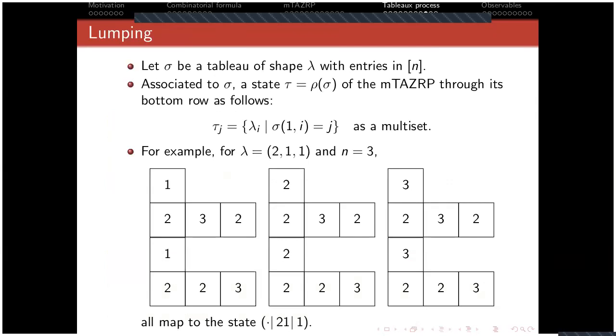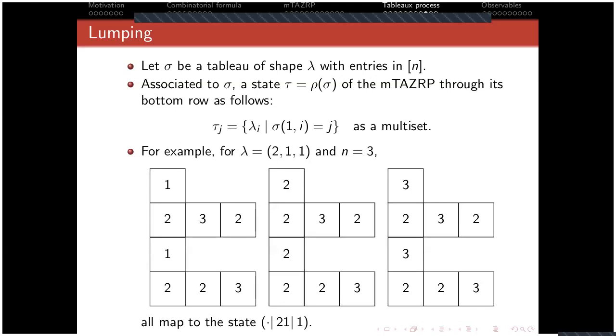So now I have to show you how to get from this tableau process to the multi-species process. Here's the formal definition, but maybe it's better to look at an example. Let's take lambda as 2, 1, 1 with 3 sites.